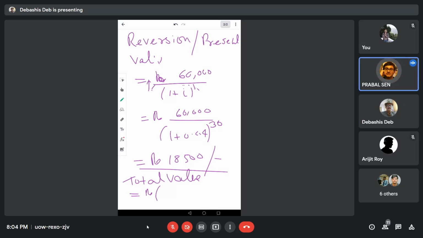Value of the building in the second case, 9 lakh equal to 42,000 multiplied by years purchase 11.39. How much is it? 9,42,480 plus this 18,500.